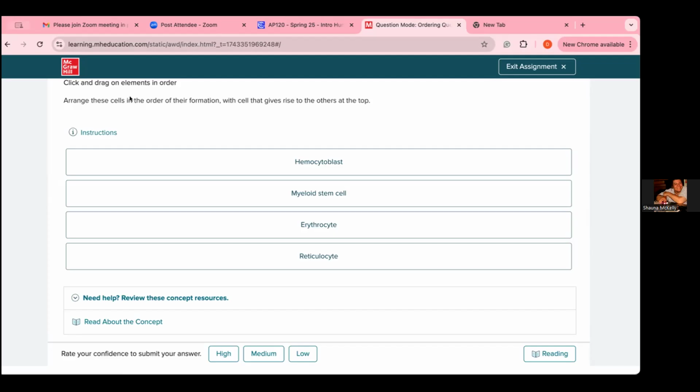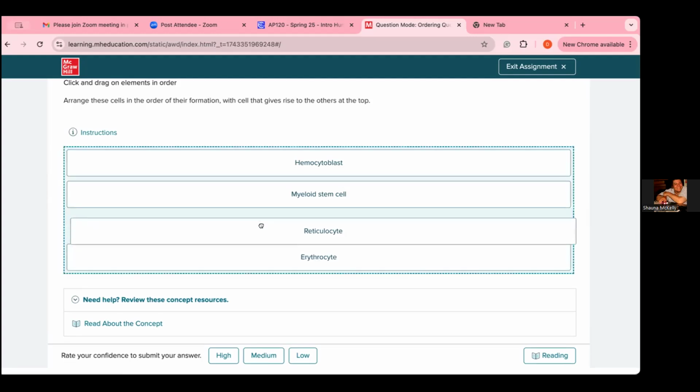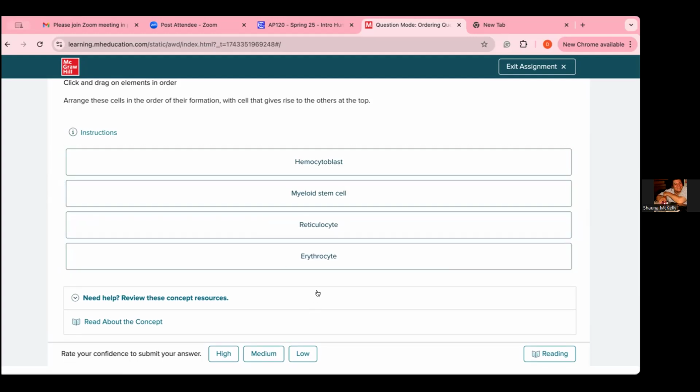So the one at the top is first, hemocytoblast, myeloid stem cell, then it's going to be reticulocyte, and then erythrocyte after that.